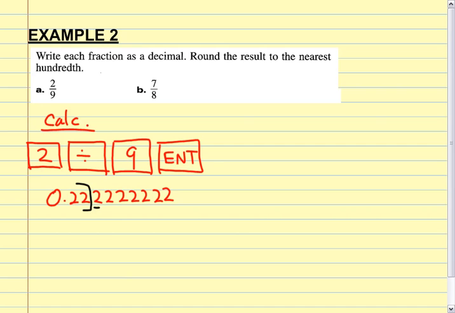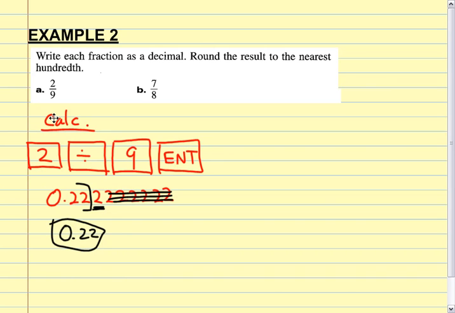I'm going to look at the number outside the door, Daniel, and ignore all those 2s. This little 2 is knocking on the door. Is it big enough to get inside? Nope. It is not. It has to be 5 or more. It is not big enough to get inside, so when we round it, our answer is 0.22.